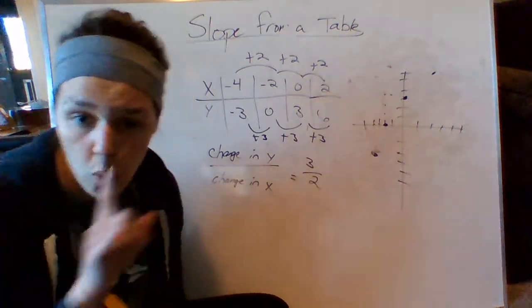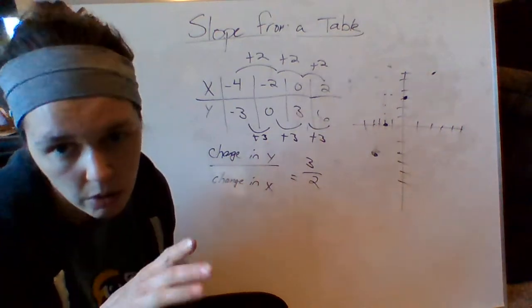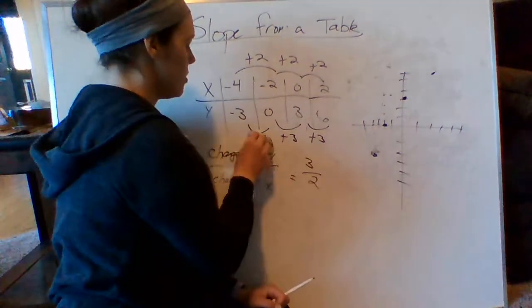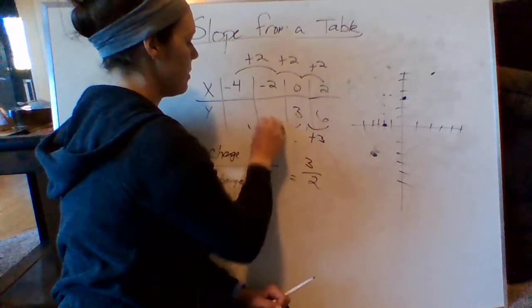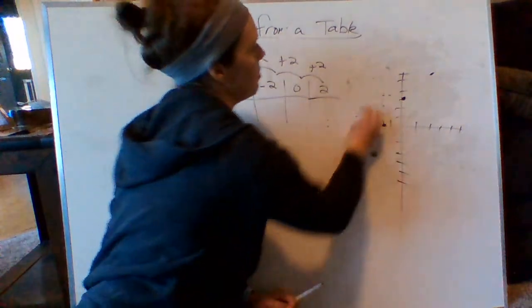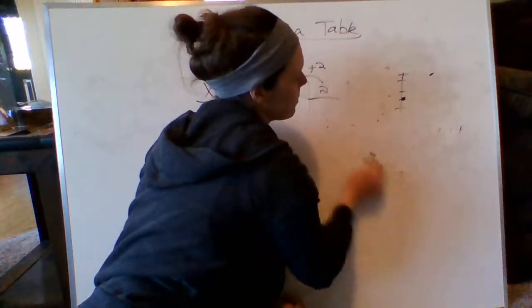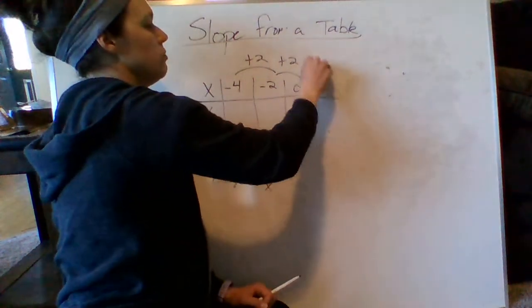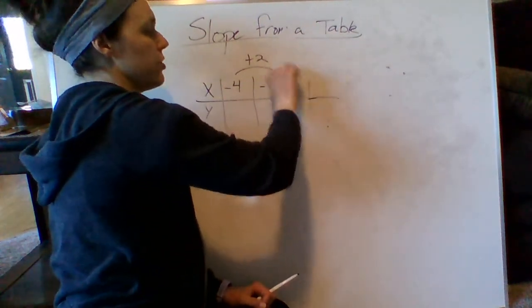I'm going to do one more example because I've got to throw a negative in there, okay? We'll keep it easy, and we'll even do it without a graph at all. Let's see if you can do it.